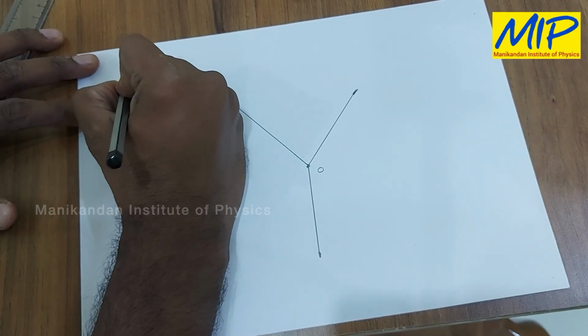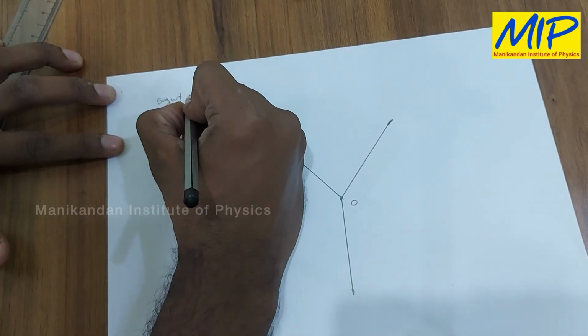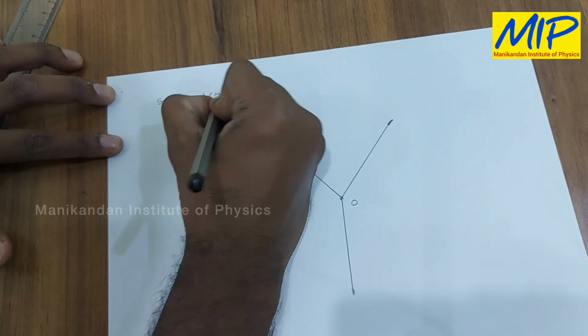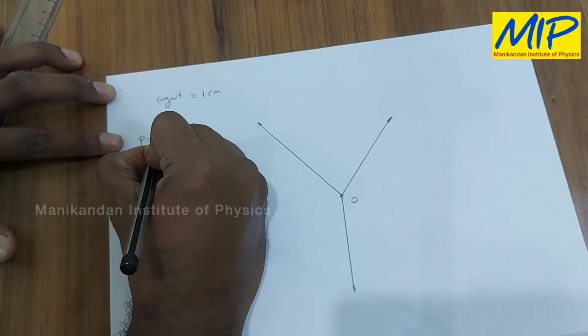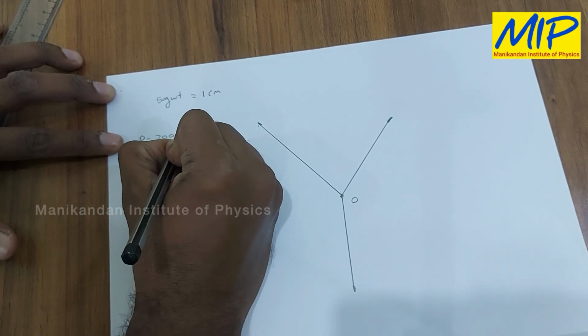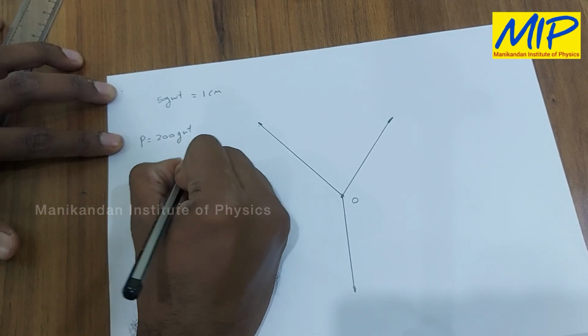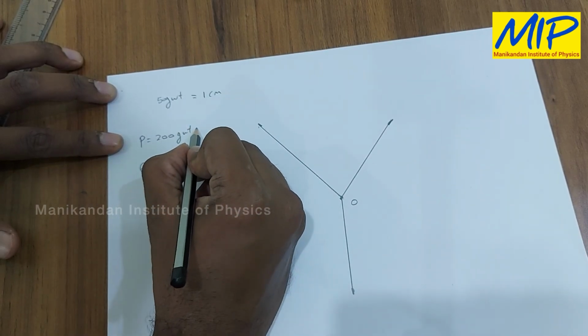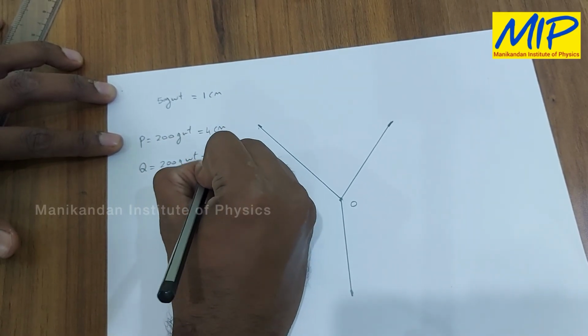For 50 grams of weight we took what? 1 centimeter. But here we took what? P equals 200 grams weight and Q equals 200 grams weight. So here I have to take 4 centimeter, this is equal to 4 centimeter and this is equal to 4 centimeter.